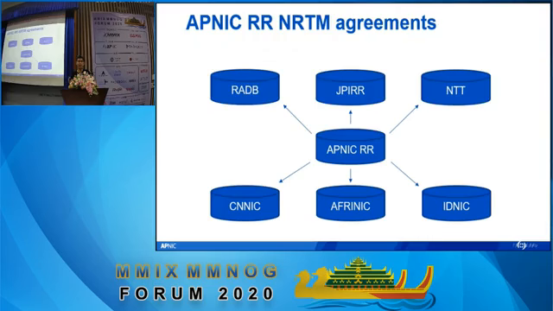Because many service providers nowadays actually require your route object to be registered on RIDB before they are willing to announce your IP prefix. I know in the industry there is such a requirement out there. So that's a benefit if you are an APNIC member and you need a route object to be registered on RIDB.